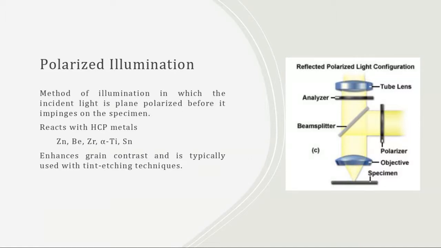So your polarizer gets inserted in this path before it hits the beam splitter, and what it does is it enhances grain contrast, and it works very well with the tint etchants that we talked about in the last lecture. But what's nice is the fact that with HCP metals, such as these ones here, you don't have to etch the sample to reveal the grain structure.